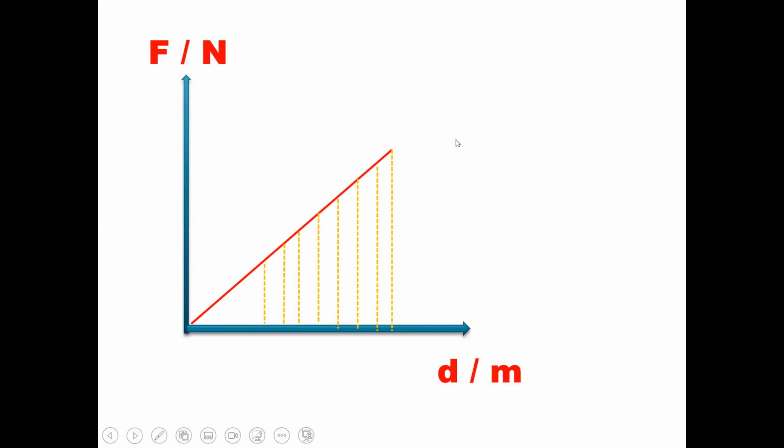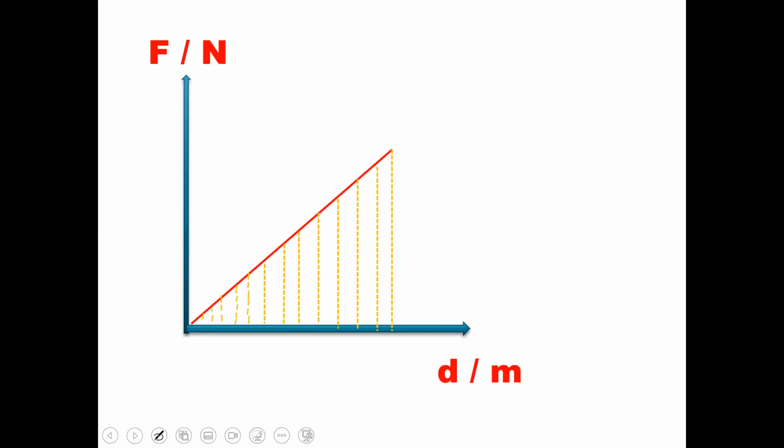Whenever in physics you make a graph, there are two parameters which are always there to look for. The gradient is always y upon x, and the area is always y into x.